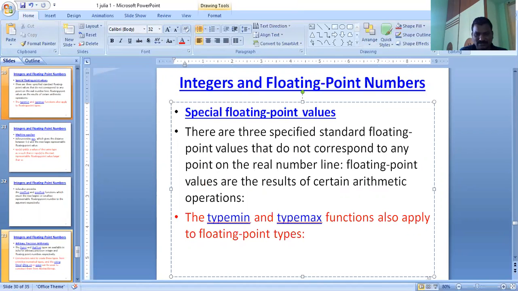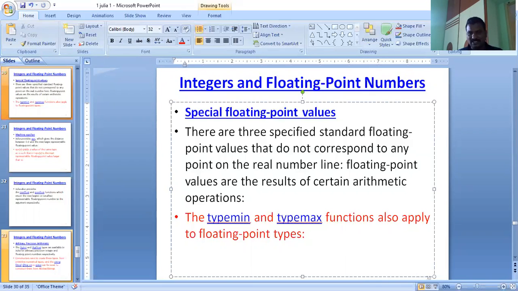They are Inf and NaN: Inf16 for a 16-bit number, Inf32 for Float32, and Inf for Float64. Those are all different.